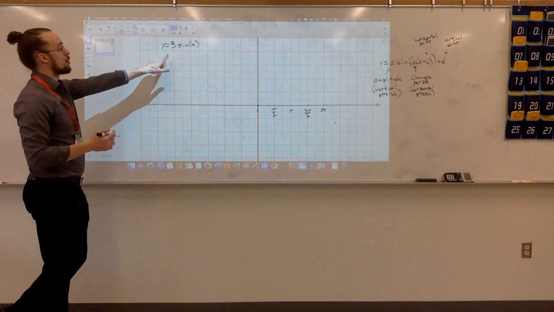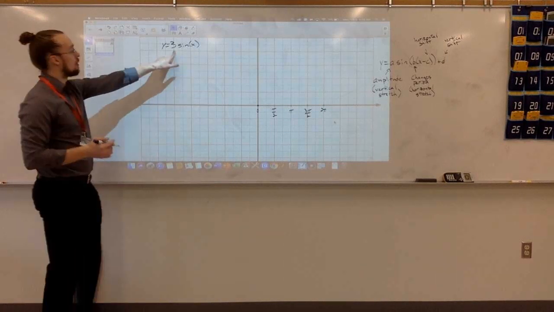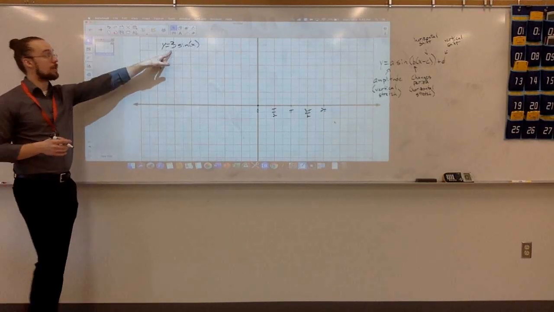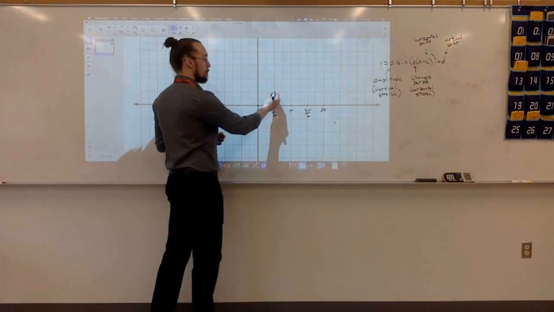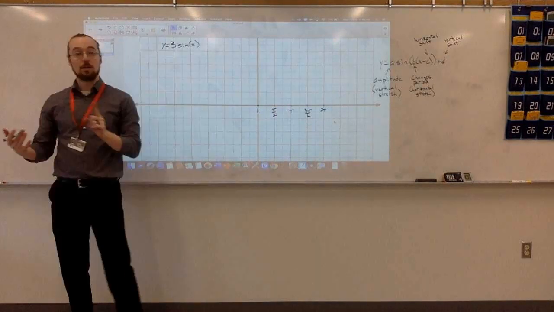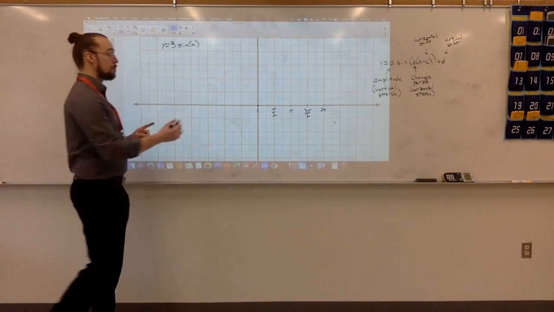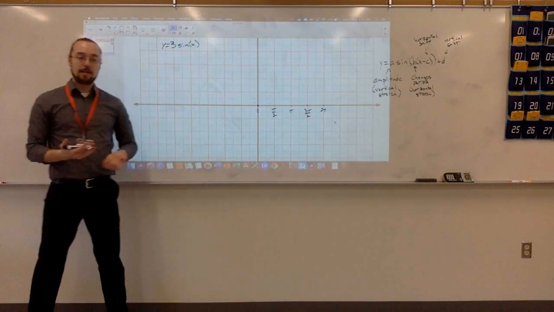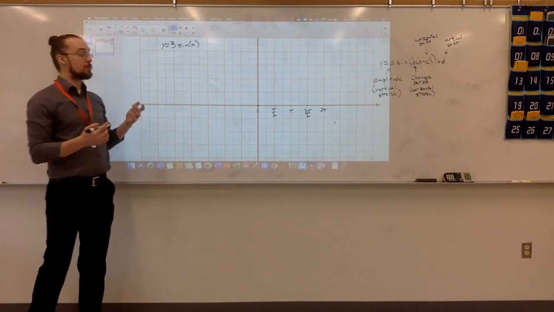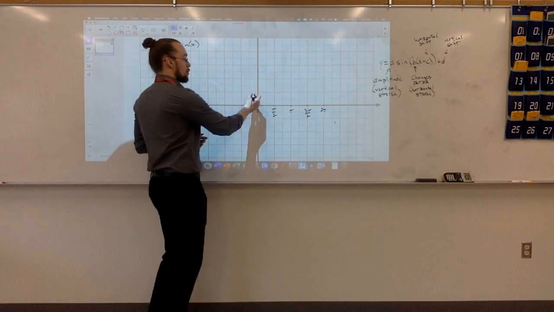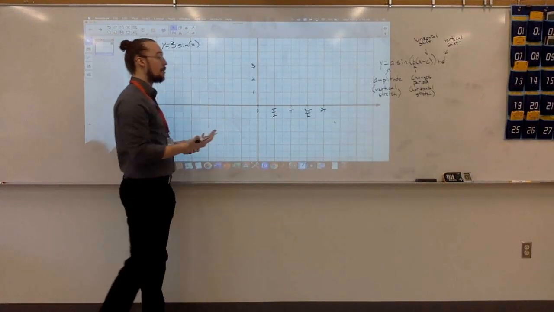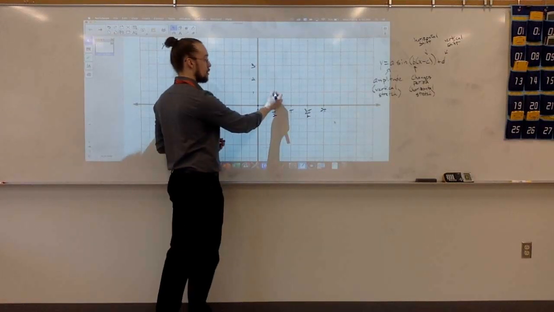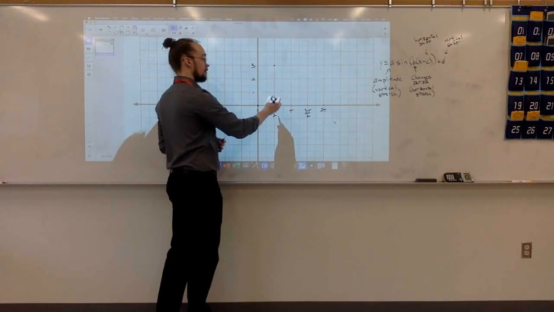So now, I know that my amplitude is changing. It's being multiplied by 3. Normally, the maximum of sine is 1. We would go up to a value of 1, down to a value of -1. The amplitude is 3, so I'm just going to multiply that by 3. So instead of having a maximum of 1 at pi over 2, I'm going to have a maximum of 3.